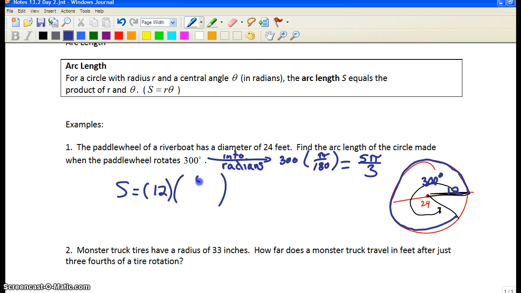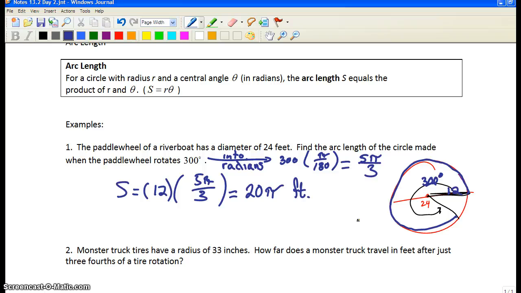So then we put that in. Multiply that stuff out. Let's get an exact answer first. 20 pi. And our answer is actually in feet. It doesn't ask us anything, so we can just leave it in feet. So it's 20 pi feet. That's the exact value.